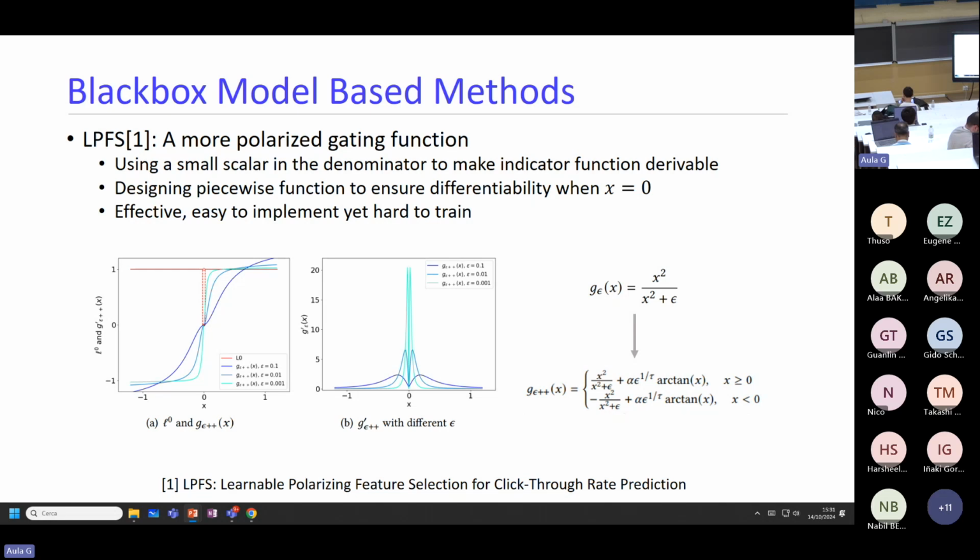But this gate is non-differentiable, so they design a piecewise function to ensure differentiability when x equals 0. The experiment shows that this trick is very effective, but it also increases the difficulty of training this neural network.